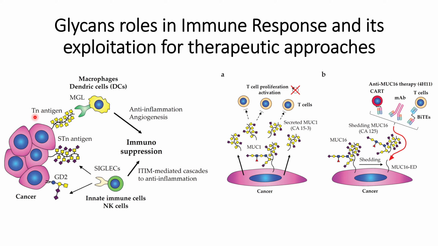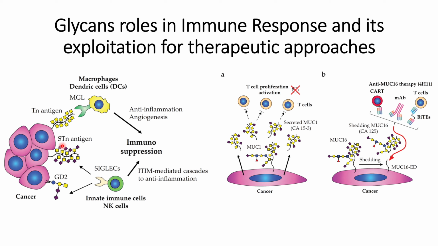Apart from the Tn antigen, the STn antigens are also important for the survival of the cancerous cells, as the sialic acids present on the STn antigens interact with the Siglec receptors present on the immune cells. In this figure, only the NK cells are mentioned, and the function that gets activated when the Siglec receptors on the NK cells interact with the sialic acids on the cancerous cells.